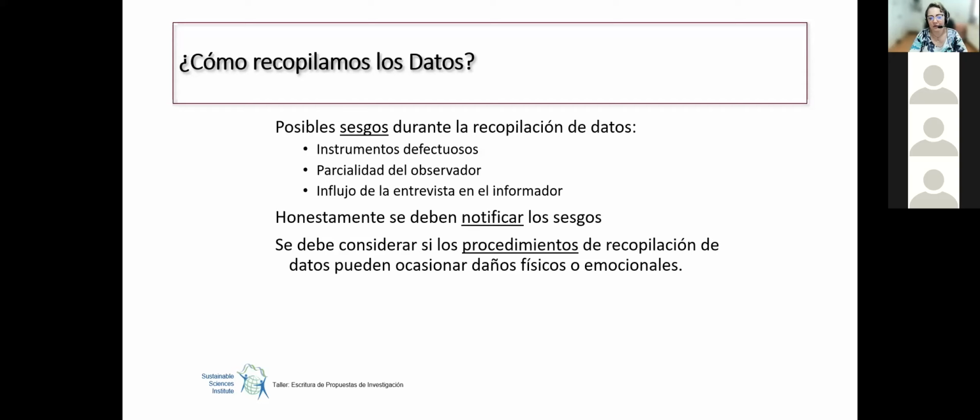There are many biases that can be introduced in the way we gather information and that we need to consider. For instance, the lack of standardization of our instrument or observer partiality. For instance, if we're analyzing the young population and you put me in charge of the project, maybe I will not be the best person, because I'm an adult responsible for gathering information about the young, and my approach would be limited to yes, no, normal.